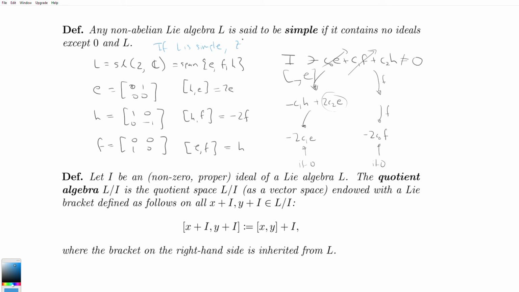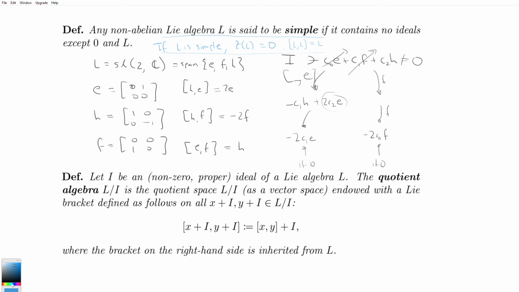So that means the center has to equal 0 because it's also non-abelian, so it can't equal itself. And in particular, recall the derived algebra is an ideal. So that means L bracket L is equal to L. So these two things hold. Of course, the converse does not imply simplicity.